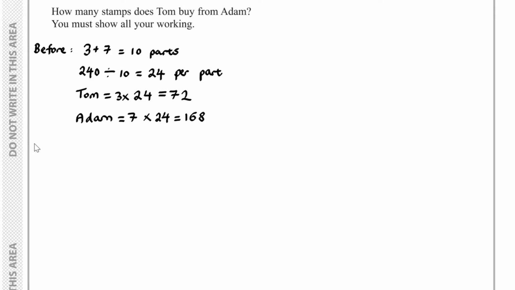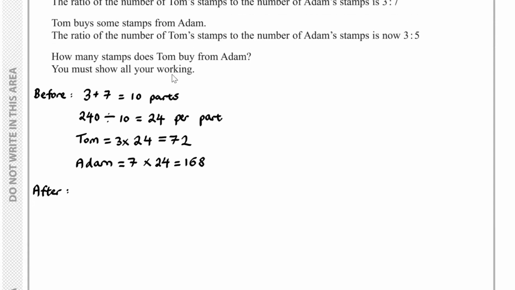And after, well, we have here 3 plus 5 parts. So here we have 3 plus 5, which is 8. So now we have 8 parts. So 240, that's not going to change. So 240 divided by 8, that's equal to 30.